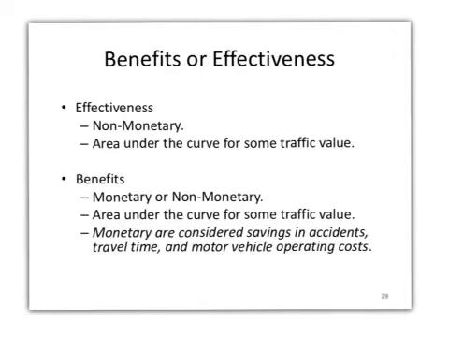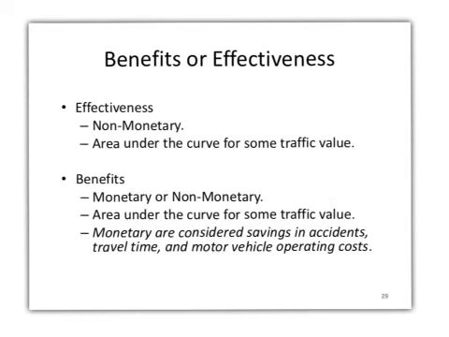So what's effectiveness? Effectiveness, really you can't measure it in a very specific way. It's non-monetary, and typically we use the area under the curve for some traffic value, and that would be the effectiveness. The benefit can be monetary or non-monetary. The benefit also can be used as the area under the curve for some traffic values.